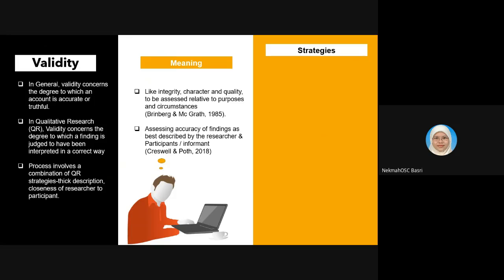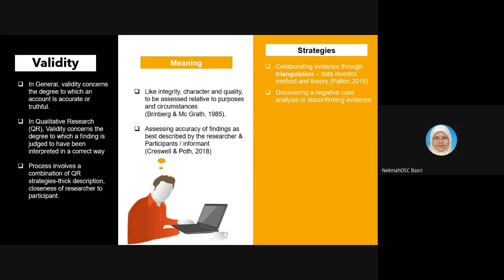Okay, and the strategy is corroborating evidence through triangulation. Let's say during an interview with Mr. A, he says that maybe you can interview Mr. B. Mr. B is also involved in this study, or he is very expert. So that is triangulation of data.